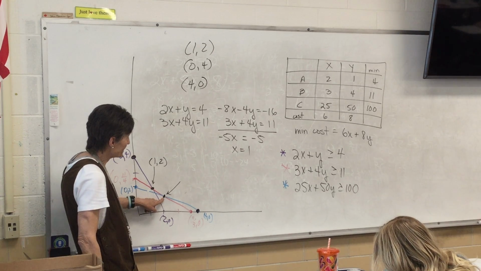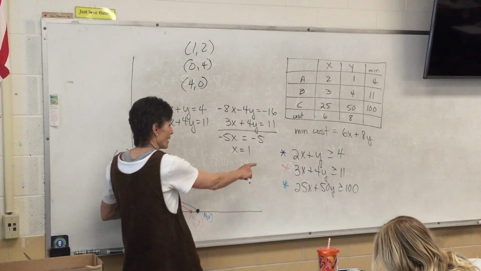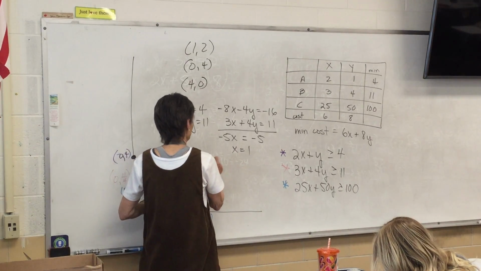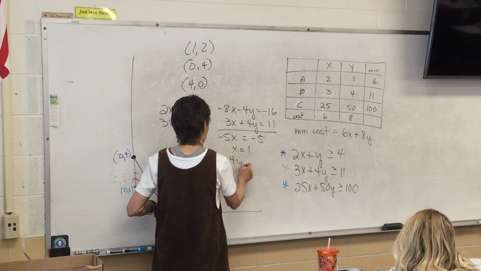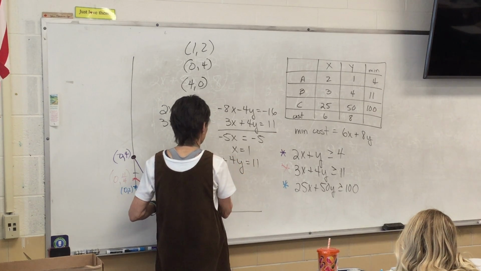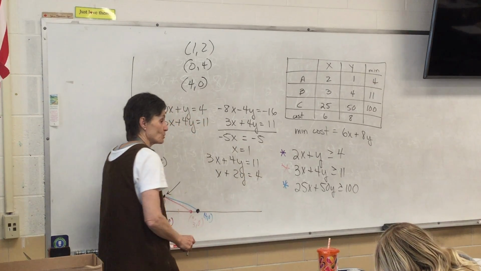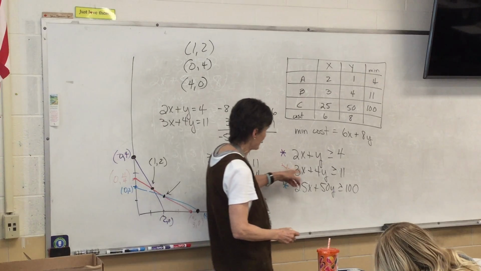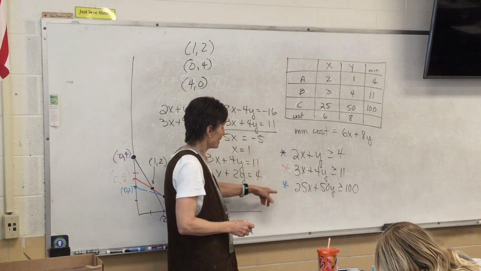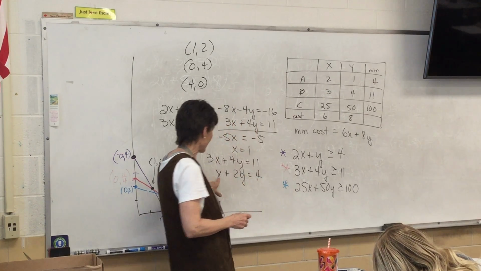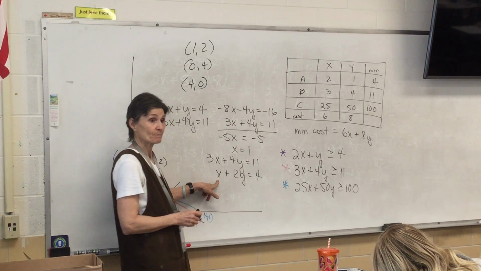Now this one is the intersection of red and blue. To make your number smaller, could you just divide by 25? Absolutely, so that's x plus 2y equals 4. Sir says, I really don't want to mess around with these numbers. I can do it, but this whole equation is divisible by 25, and if I do, it looks like this.